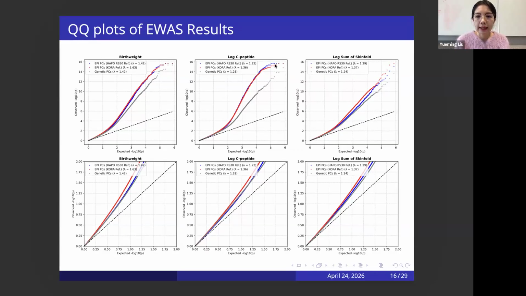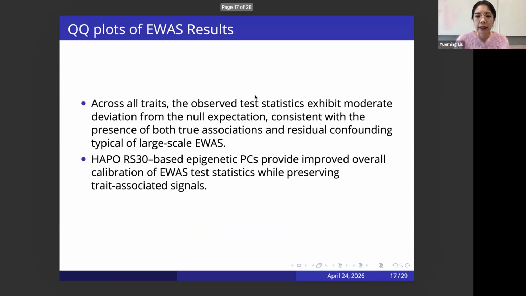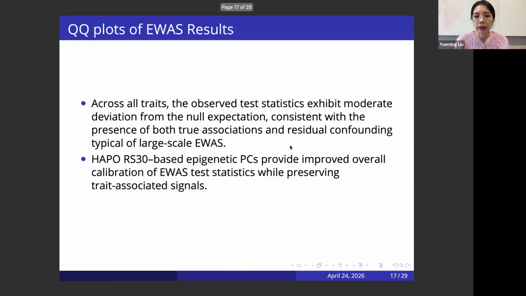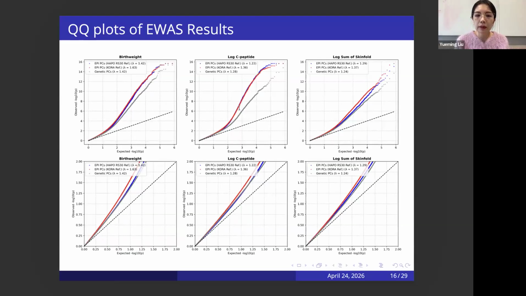And also we can see that in the tail of the distribution, there are some more significant points here. So it means it improves overall calibration of EVA's test statistics while preserving trait association signals. So the calibration is reflected in this region, and the trait associated signals are reflected in the tail behavior.